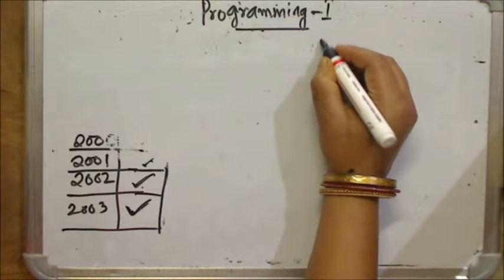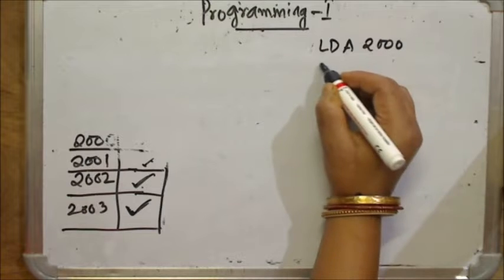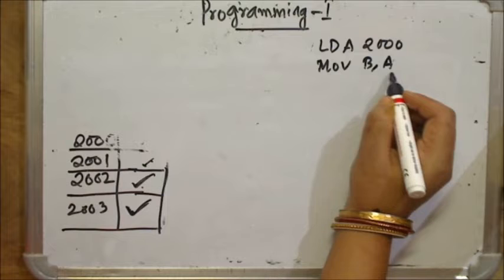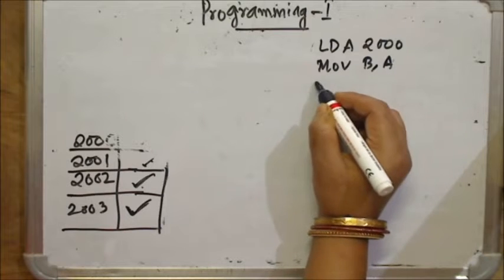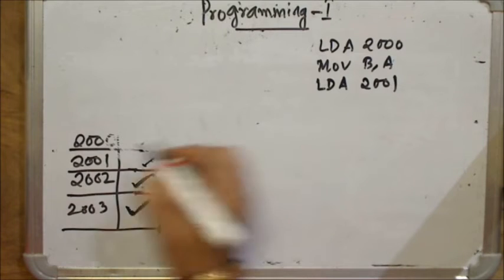What have we done first? LDA 2000. Then MOV B, A. First you have loaded the first number and then copied it to some other register. Then you have loaded the second number, LDA 2001.